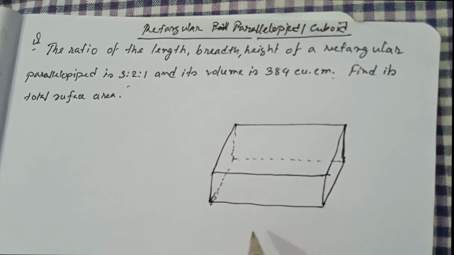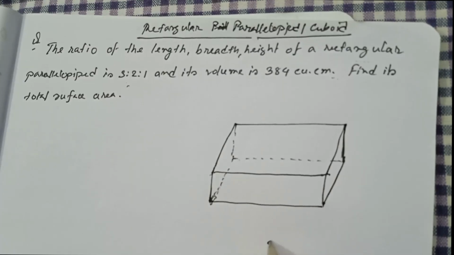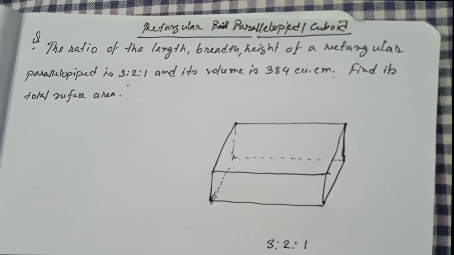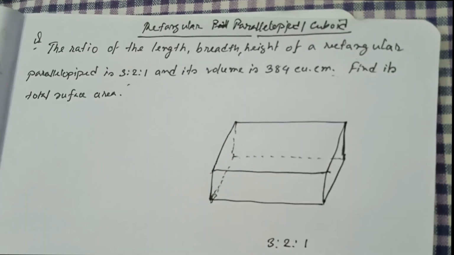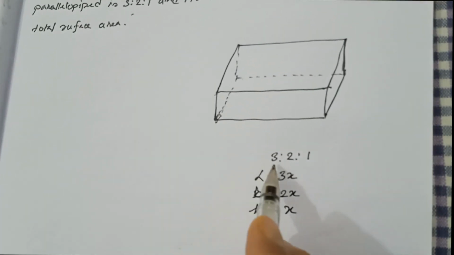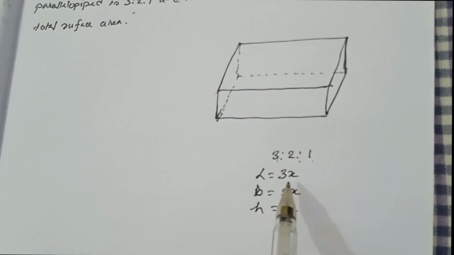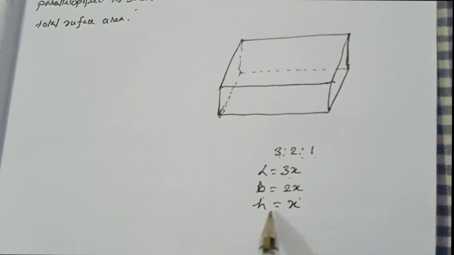Now if length is to breadth is to height is 3:2:1, so we can say the length is 3x, the breadth is 2x and the height is x, because only then the ratio becomes 3:2:1.